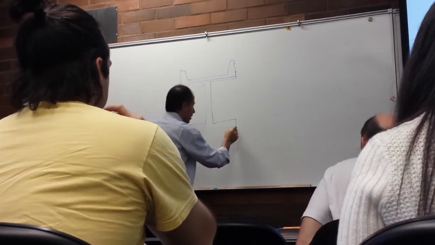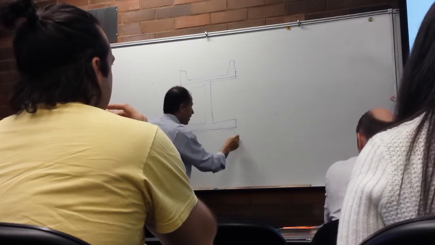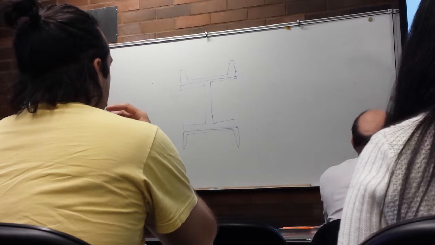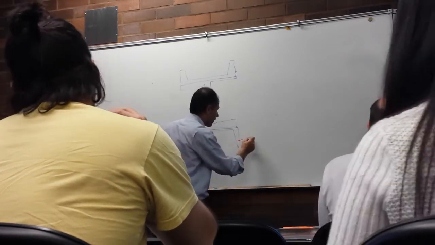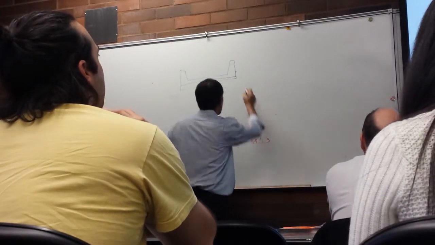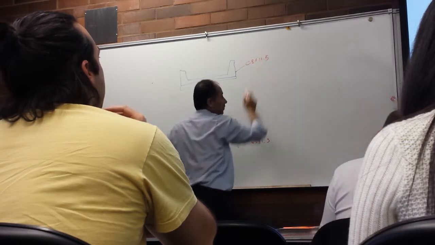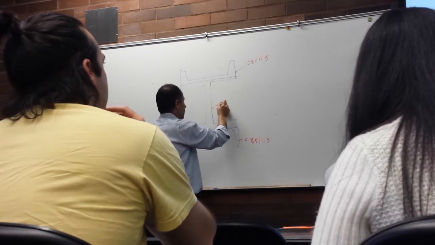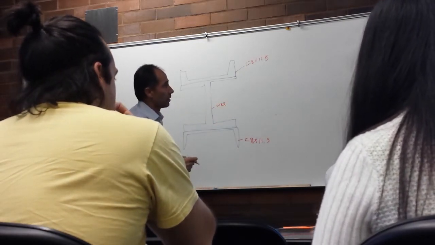Do you want to add another angle to this frame, or are you okay with this only? So this is C8 times 11.5, C8 times 11.5, and W8 times 31.